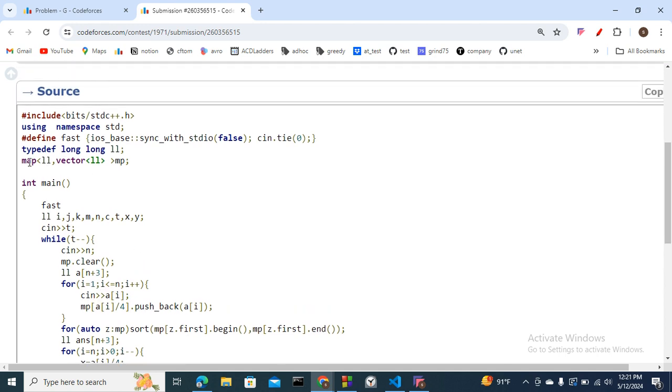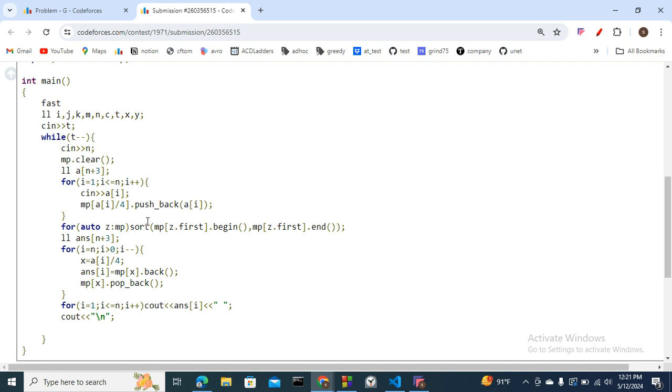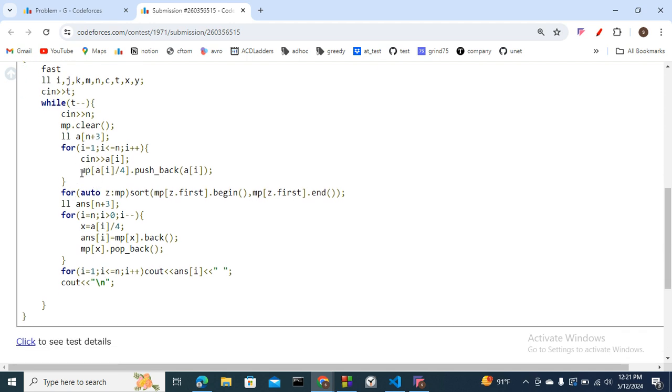We are taking a map where the key is long and the corresponding value is a vector. As mentioned earlier, we group by dividing by 4, and as the value is a vector, we use push_back.